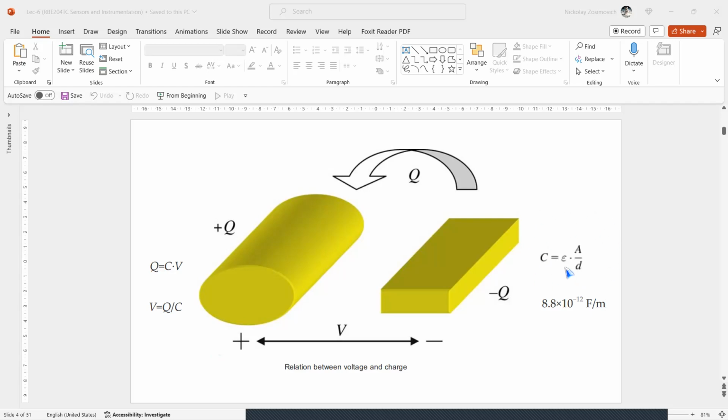The parameter epsilon here is called the permittivity and describes the dielectric properties of the matter between the conductors. It is written as the product of epsilon zero, the permittivity of free space or vacuum, its value approximately 8.8 times 10 to the power minus 12 farad per meter, and epsilon r, the relative permittivity.